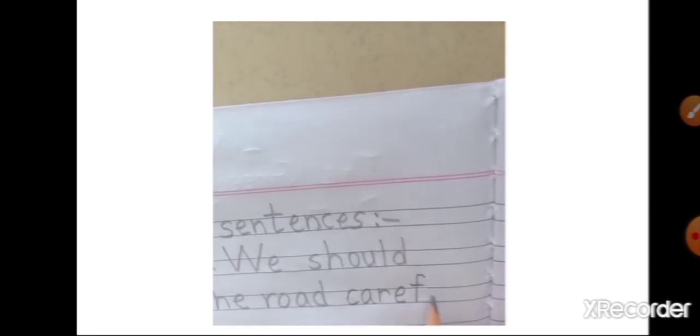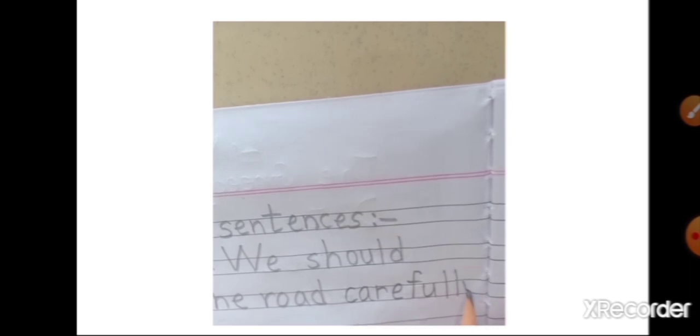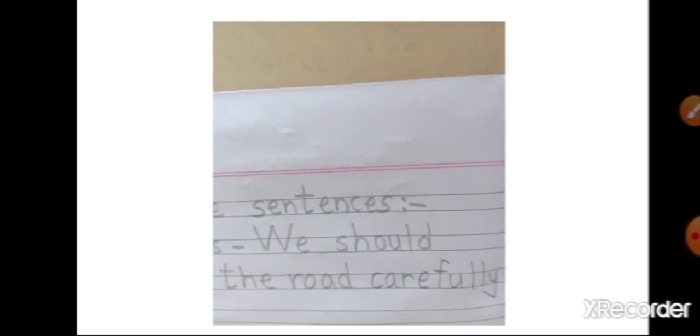Write W capital. We should, SHOULD, we should cross the road, ROAD, road, carefully, CAREFULLY, carefully, and underline the word cross.